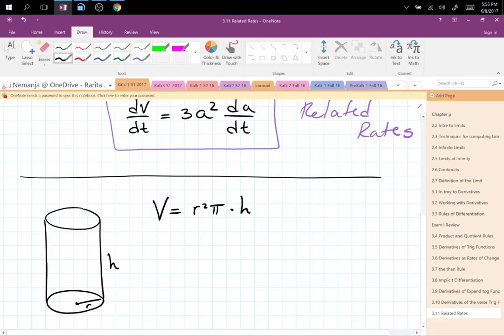So now you have some kind of liquid inside this can, whatever it is. And as you are drinking this, say with a straw, the level of the liquid will be going down.